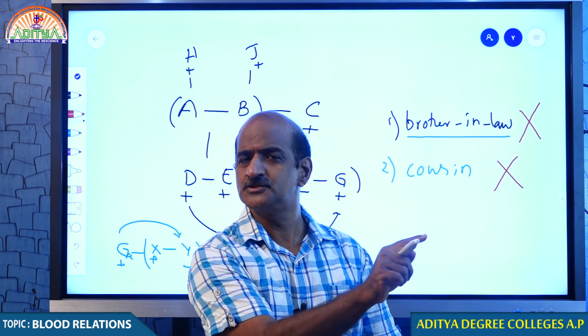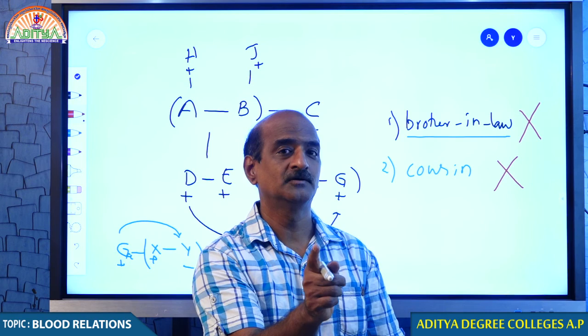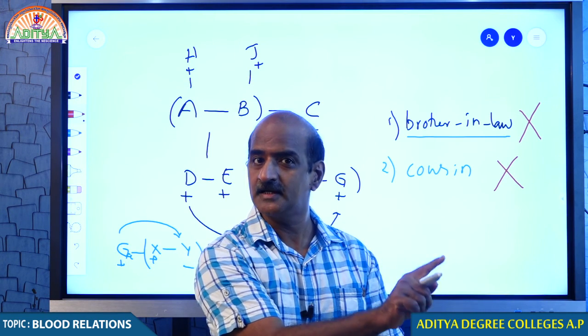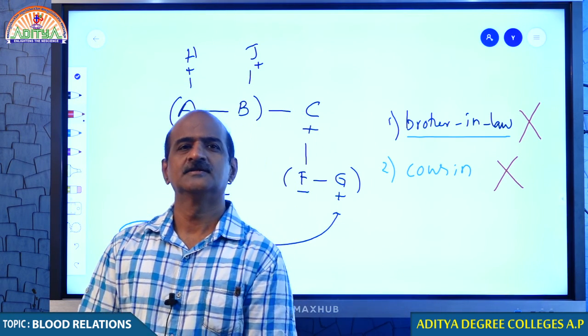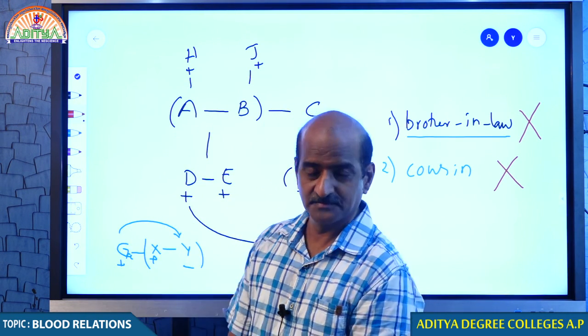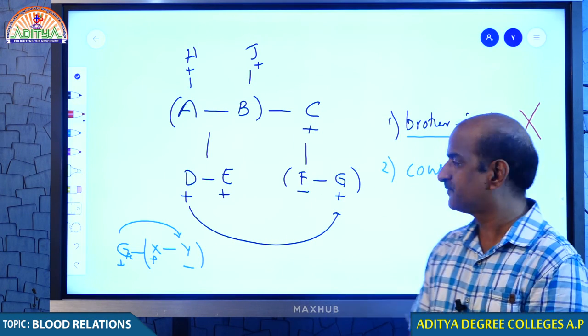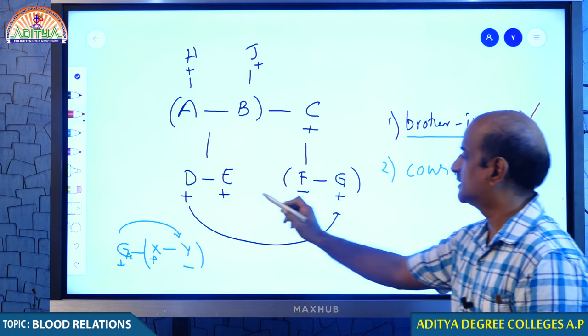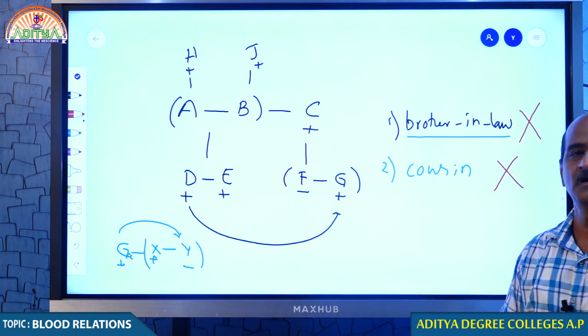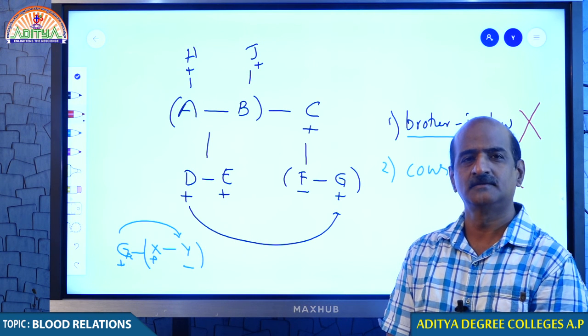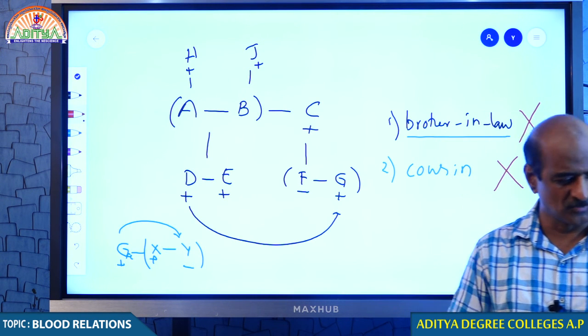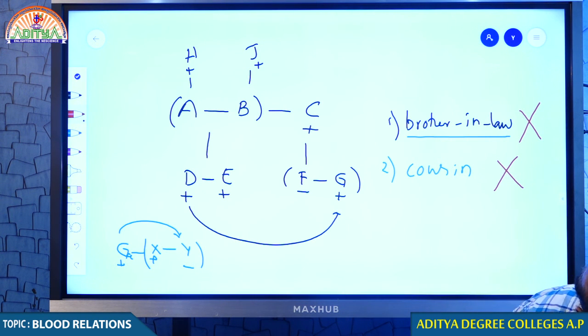You cannot be cousin to them because you went to the family only after marriage. Cousin is a blood relation. Therefore, here D and G are no way related. Cousin is ruled out. Brother-in-law is ruled out and cousin is equally wrong.